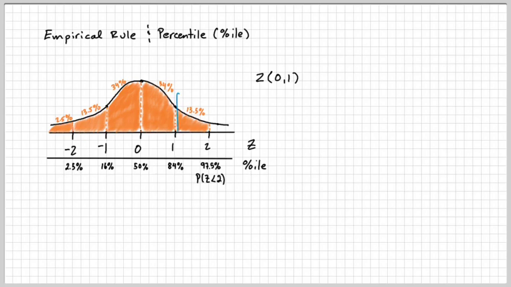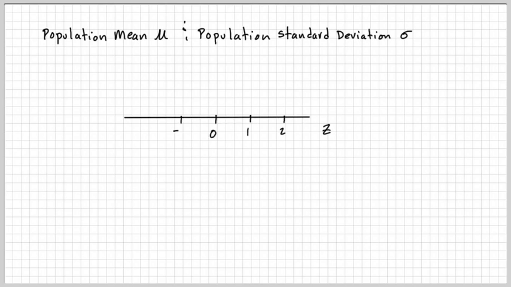Which, again, from here to here is another 13.5%, and you add that to 84, it gives you 97.5. Okay, that's a lot of talking about empirical rule and percentile. This is a very non-traditional way of talking about this. But one more thing, if you keep shading all the way to the right to positive infinity, then the whole thing is 100%.